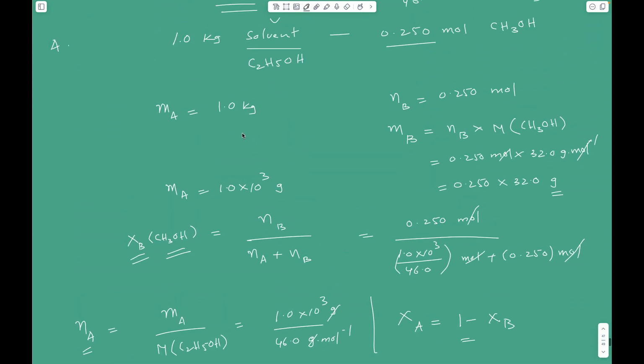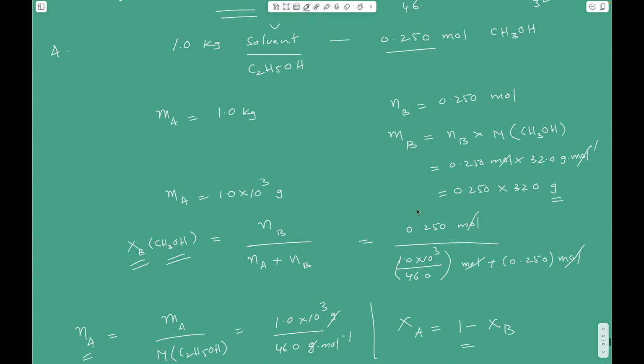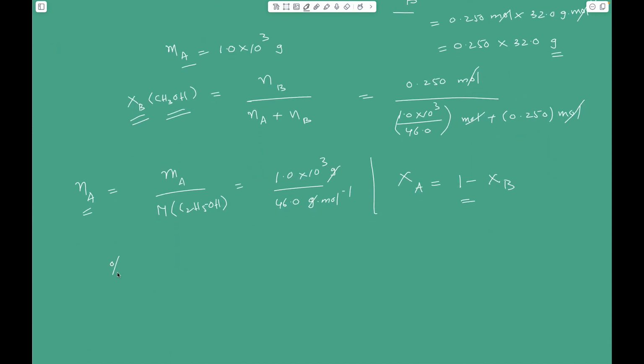Simple. You know the mass of the solute, you know the mass of the solvent. So percentage by mass is equal to the mass of the solute over the mass of the solution, that is MA plus MB.